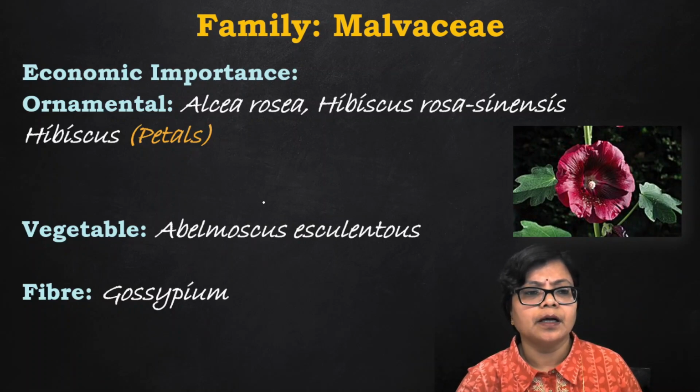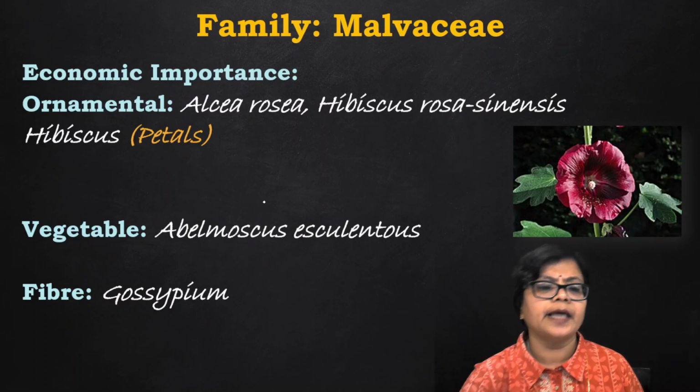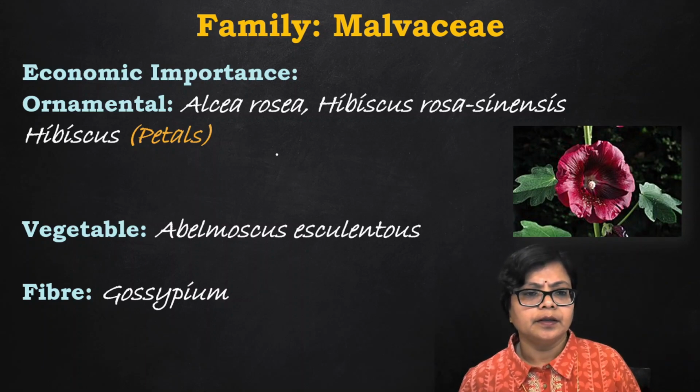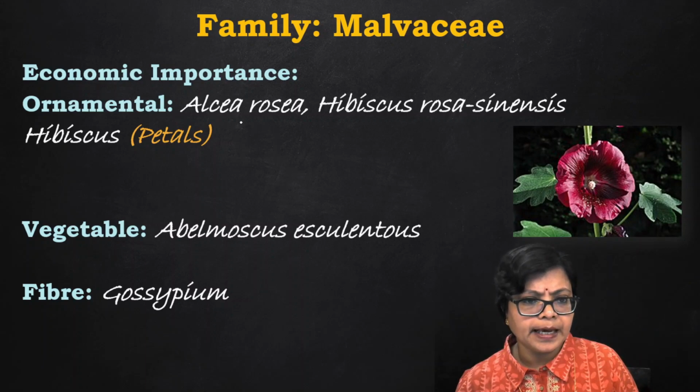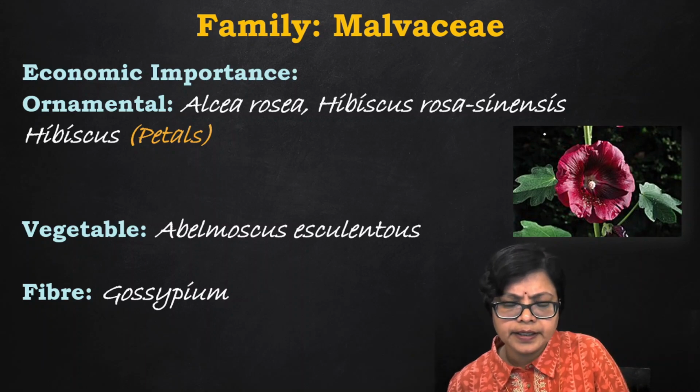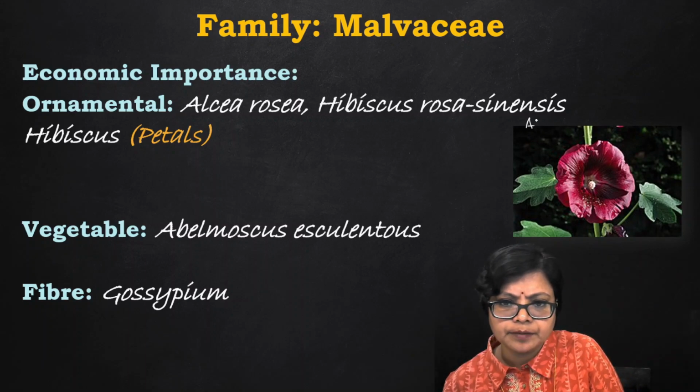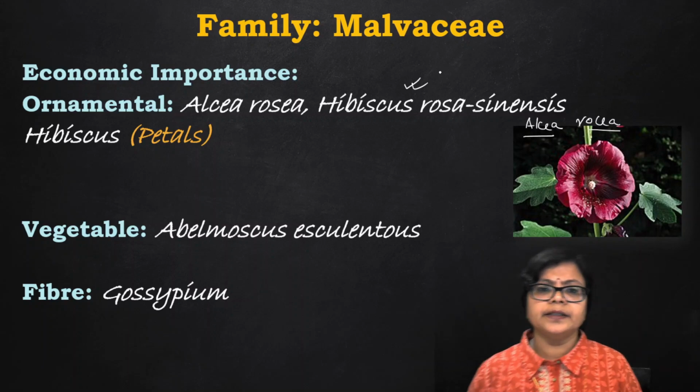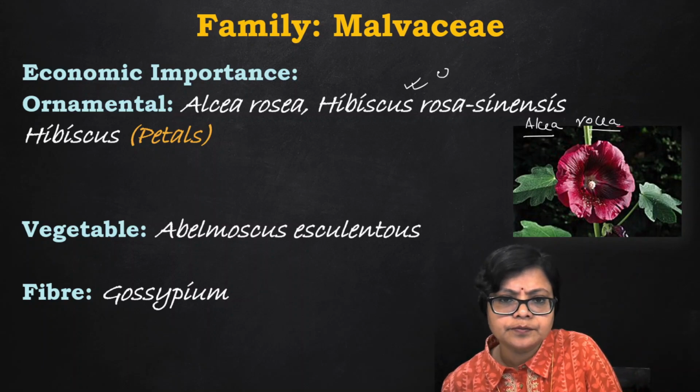Some plants are planted in the garden as ornamental plants. Example, Althaea rosea. Another example, Rosa sinensis, that means China rose, available in various colors.